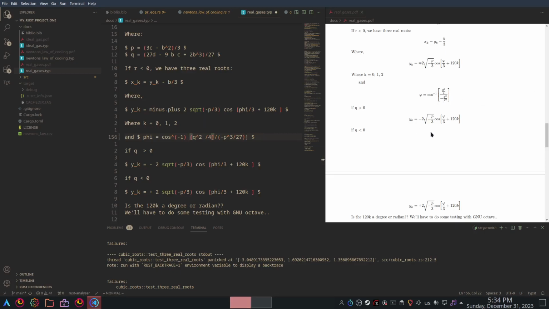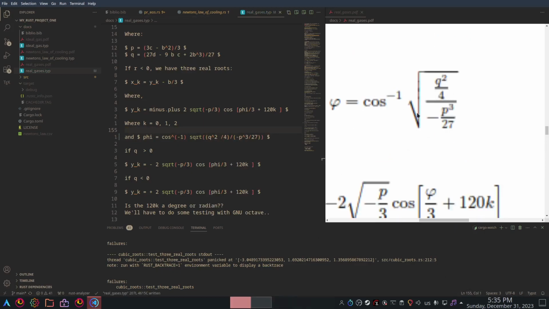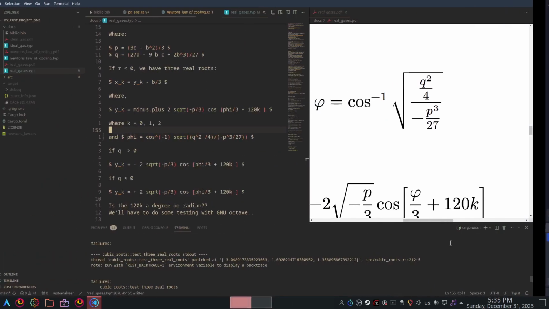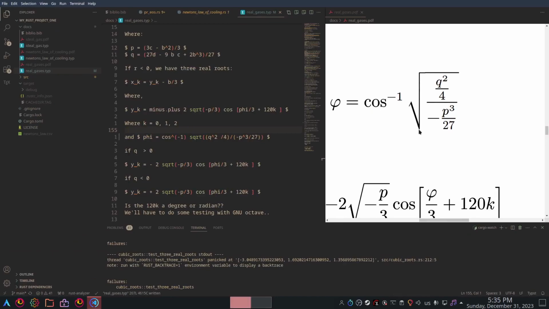I need to square root these numbers, so let me just quickly add a square root sign here, sqrt. Okay, there we go. Now with the square root in place, we have the correct ingredients for these roots.